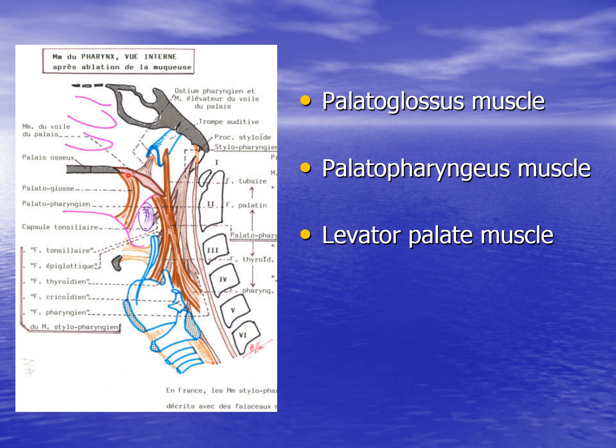This is the site of the palatine tonsil. Muscle in front to the tongue, palatoglossus muscle, and the muscle at the back to the pharynx. This is called the palatopharyngeus muscle.